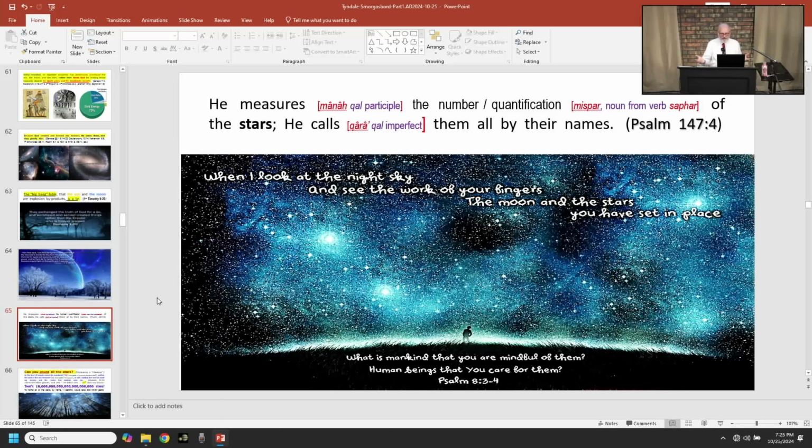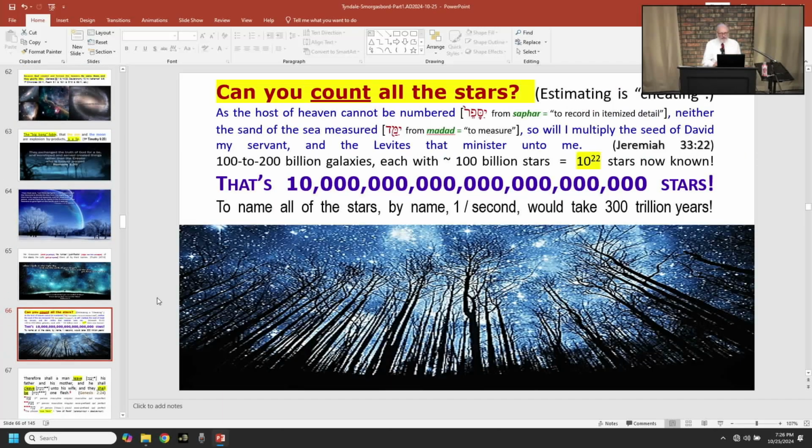God automatically knows all of that, and he is in real time recognizing the detailed measurement of every one of those. And he even has names for all of them. And yet there are more stars than our human minds can comprehend.